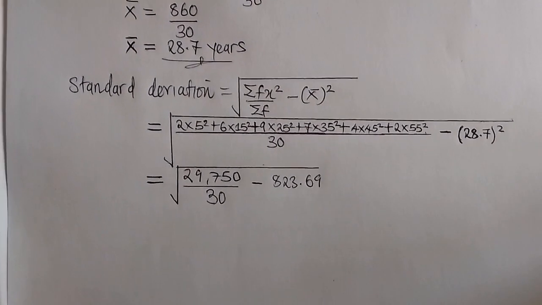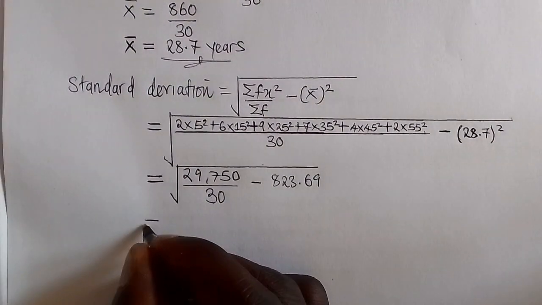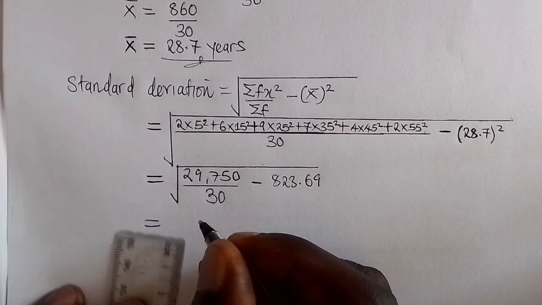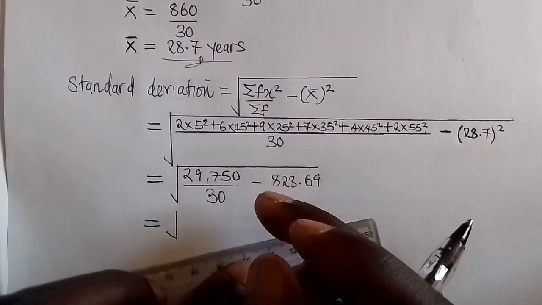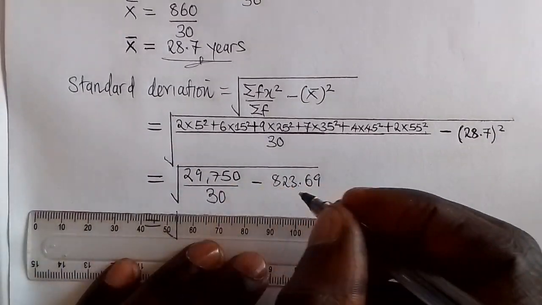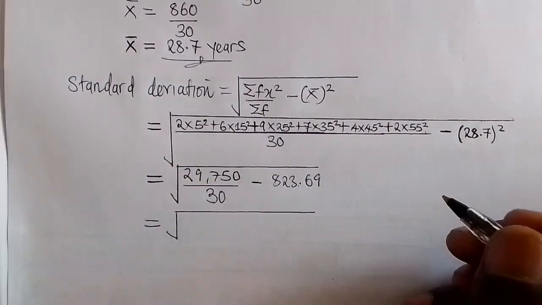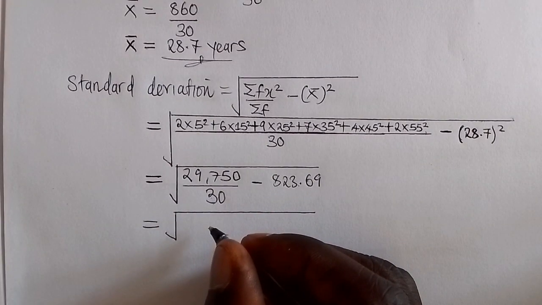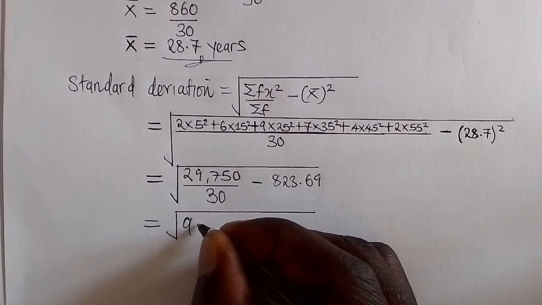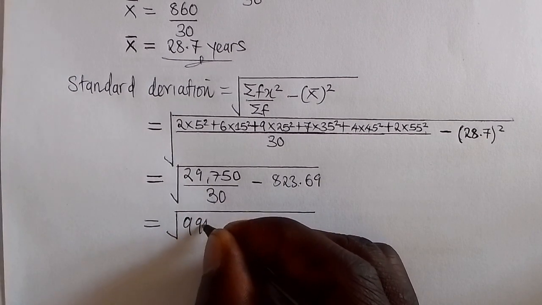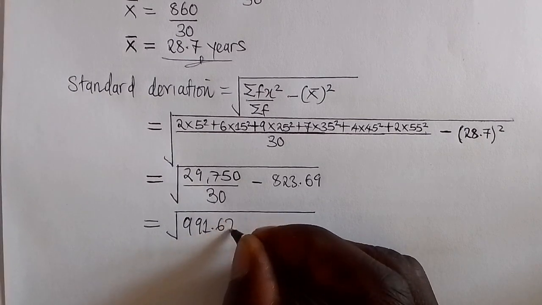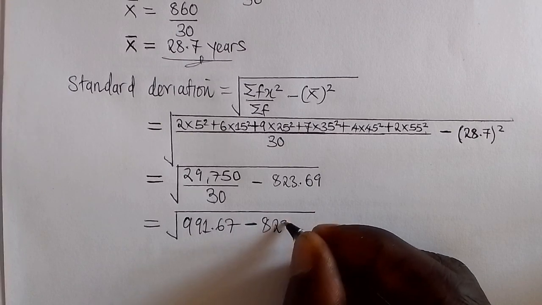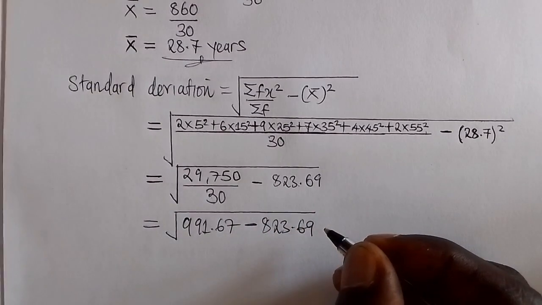So now the next stage, all we'll have to do is divide 29,750 divided by 30. This will give us the following. So 29,750 divided by 30 gives 991.67. Then subtract with the 823.69.